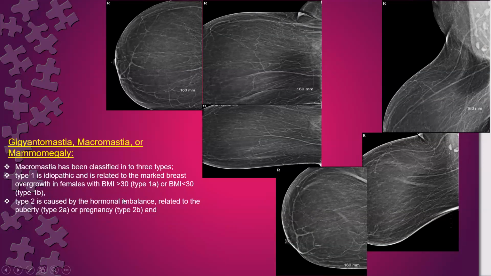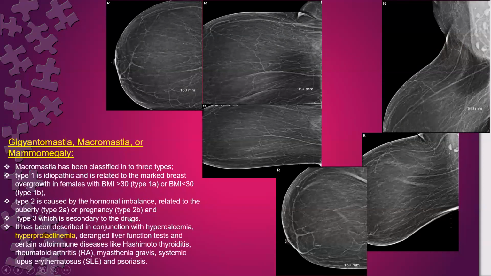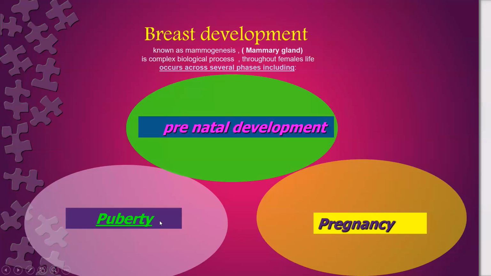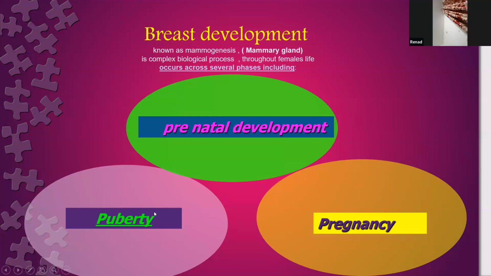Type 2 is related to hormonal imbalance, related to pregnancy or puberty, and type 3 is secondary to drugs. They found that it might be associated with hypercalcemia, hyperprolactinemia, or autoimmune diseases like Hashimoto's, rheumatoid arthritis, myasthenia gravis, SLE, or psoriasis.